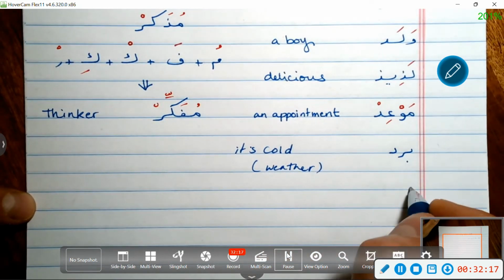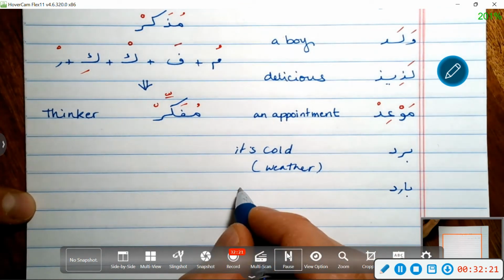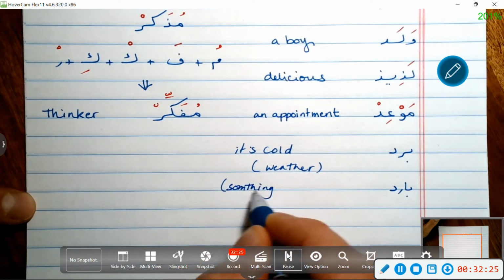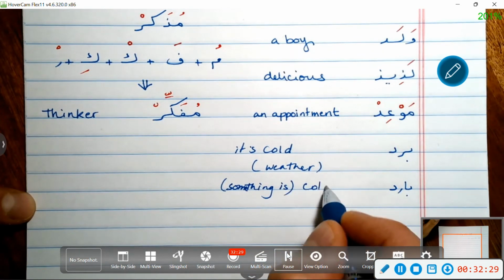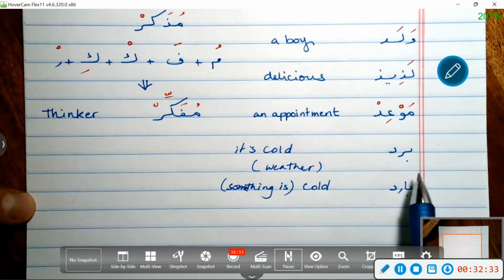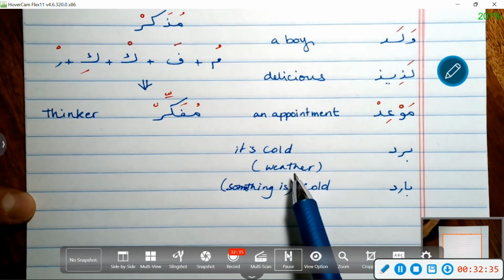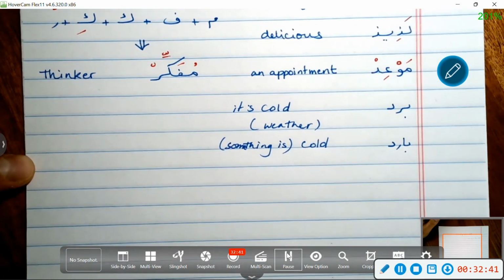In here, something is cold. So here when we say bard, it means it's cold, you mean the weather. And when we say barid, you mean something is cold. The water is barid. الماء بارد أو المي باردة.